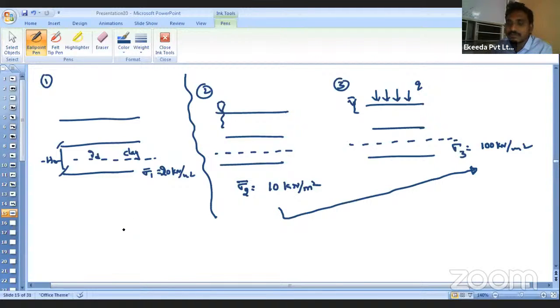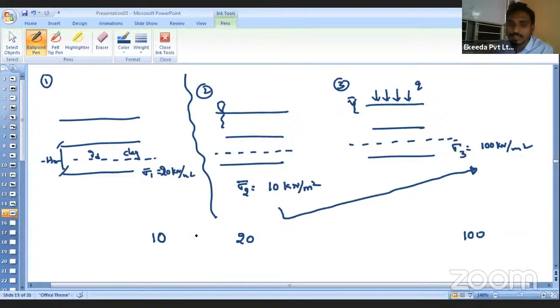So that means if any soil is pre-consolidated soil, then we have to use the recompression index. So what are the levels here? What is the least value? 10. What is the highest value? 100. In between, what is the change in value? That is nothing but 20. That means from 10 to 20, the soil is already pre-consolidated.